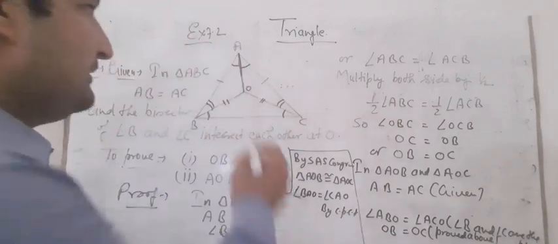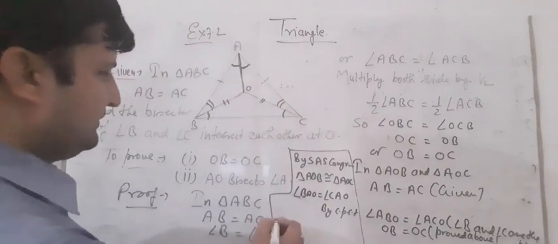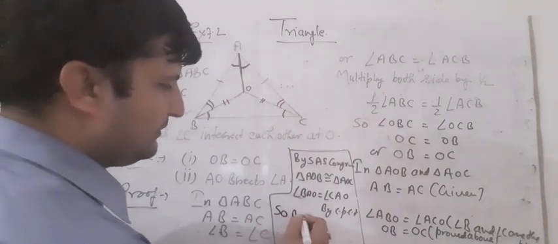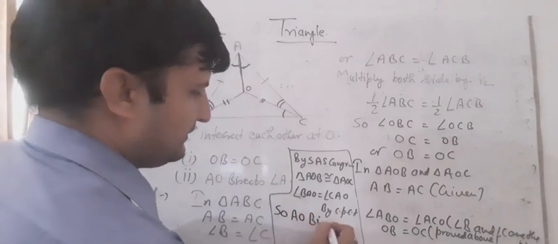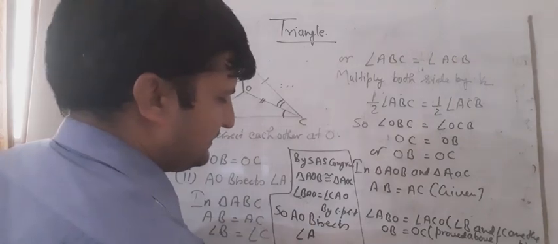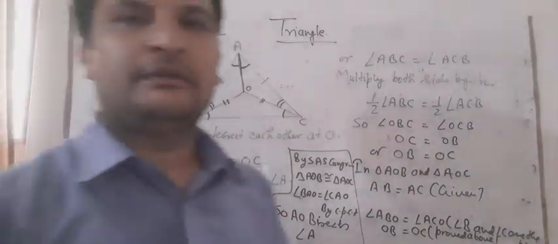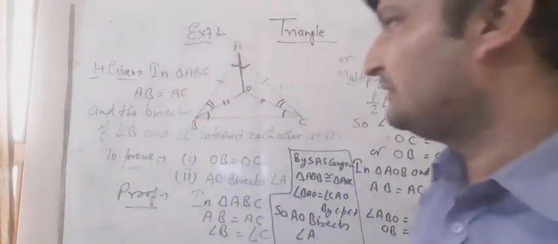It means these two angles are equal. It means AO is the bisector of this one. So we can say that AO bisects angle A. Hence proved. So students, by this way we can solve this question.